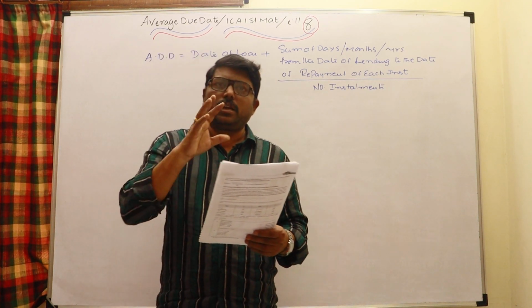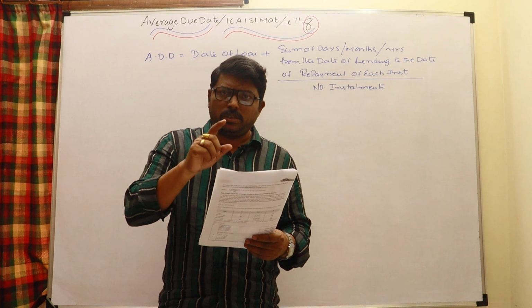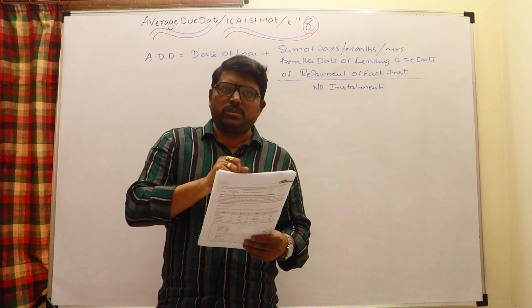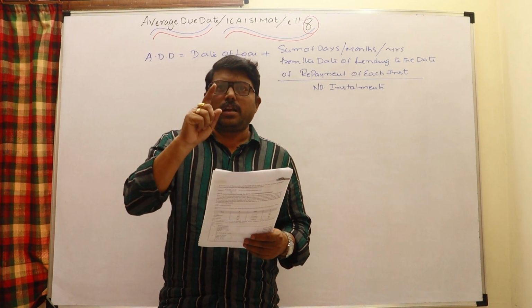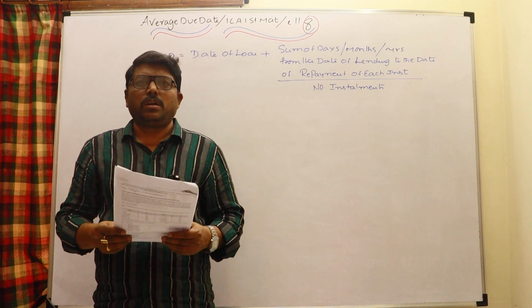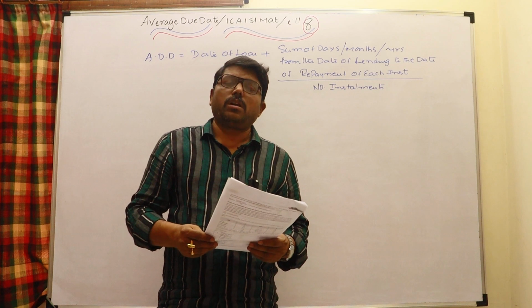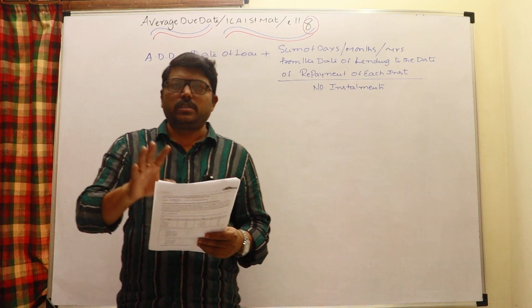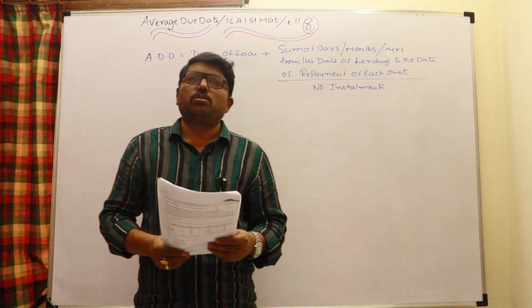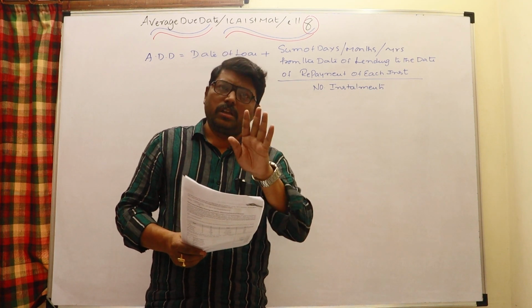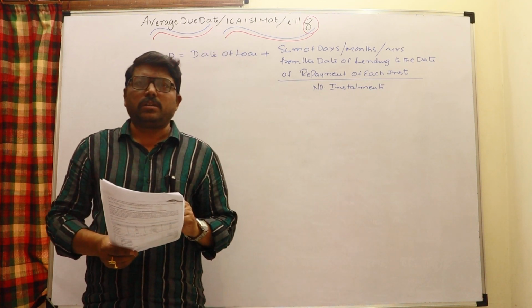For example, I have taken a loan of 10,000 rupees from somebody, and at the end of every year I have to pay 2,000 rupees, and at the end of the 5th year it will be 0. Say the interest rate is 5%. For the first year, I have to calculate interest on the complete 10,000.